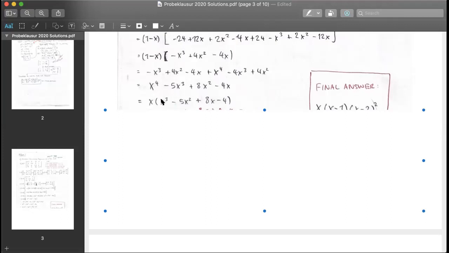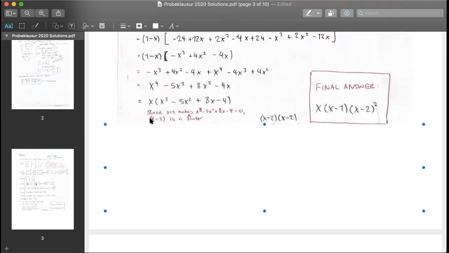If x is 1, this whole thing becomes 0 because 1 minus 5 is minus 4, plus 8 is plus 4, minus 4 is 0. So if 1 makes that 0, it means x minus 1 is a factor, and I wrote that here. It's called the fundamental theorem of algebra. Since x equals 1 makes the polynomial 0, x minus 1 is a factor, all right?